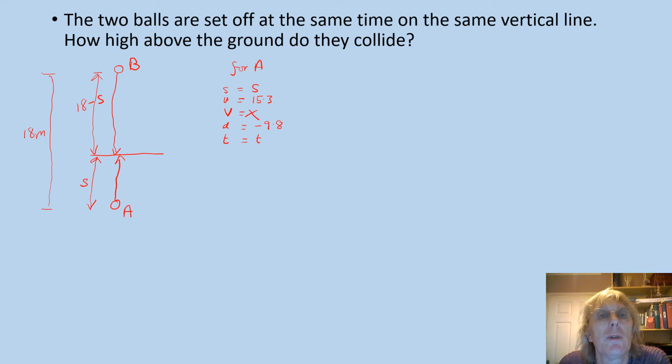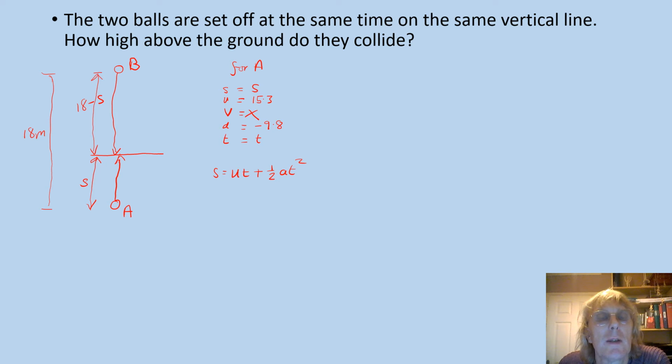So S, U, A, and T, that's got to be S equals UT plus a half AT squared.